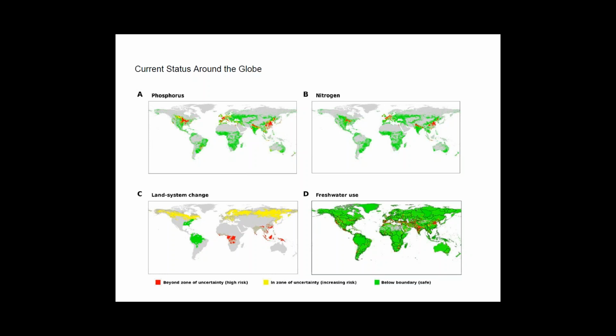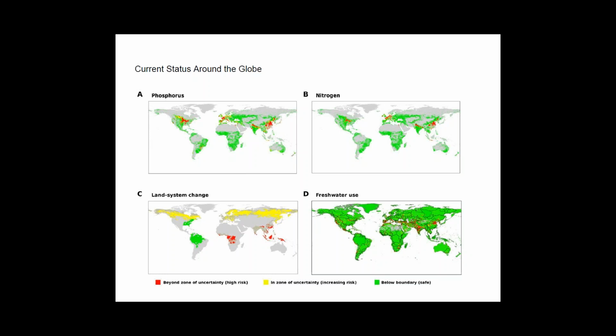So things like phosphorus and nitrogen use, like I mentioned, are primarily agricultural products, so you'd expect to see those in areas that have a high level of intensified agriculture. So you see parts of the United States, Europe, China, and Southeast Asia are all beyond the zone of uncertainty because they're already using such high levels of phosphorus and nitrogen on their soils.